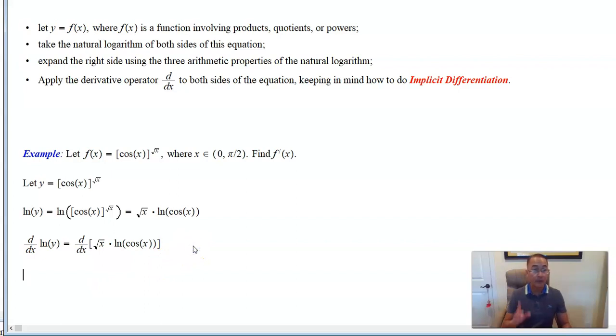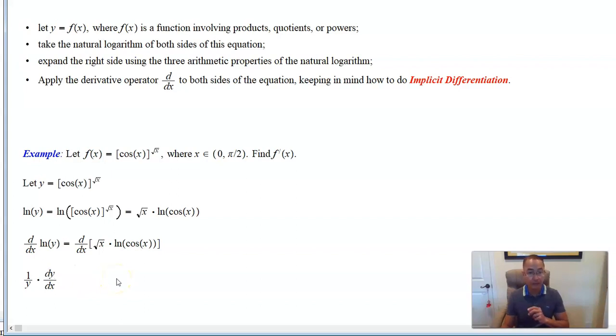On the left, we will need implicit differentiation. The derivative of ln of something is 1 over something, and then chain rule, we need the derivative of that something. So we get 1 over y times the derivative with respect to x of y. The something is y. So we get our dy by dx.